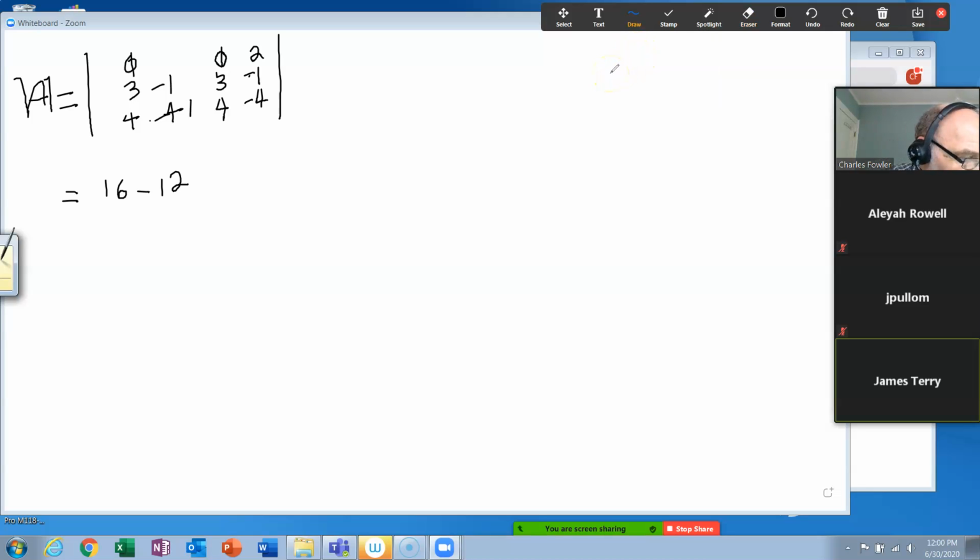Okay, let me fill that back in. That was a 0, 2, so that was a 2 there. And then the next was a 1 and a 2. Okay, do I have everything correct now? I think I do. Okay. So we did the down diagonals, which was the positive ones. Now let's do the up diagonals. What does that give you?